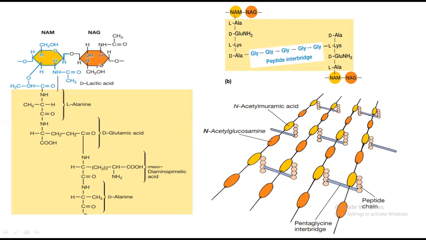Here is N-acetyl glucosamine and N-acetyl muramic acid, although it is not an amino acid. After that, this is also an amino acid, this is also an amino acid, and this is also an amino acid. And this chain is interconnected with another chain with the help of 5-glycine amino acids.